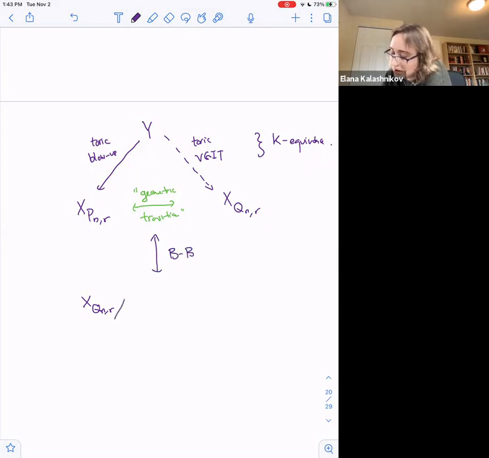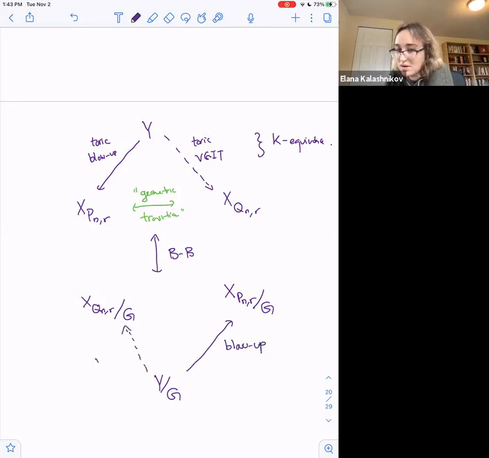So we get XQNR mirroring XPNR modulo a finite group G, and then Y mod G fits inside the same picture where you would have the same types of maps as before. And once again, you have this version of a geometric transition.